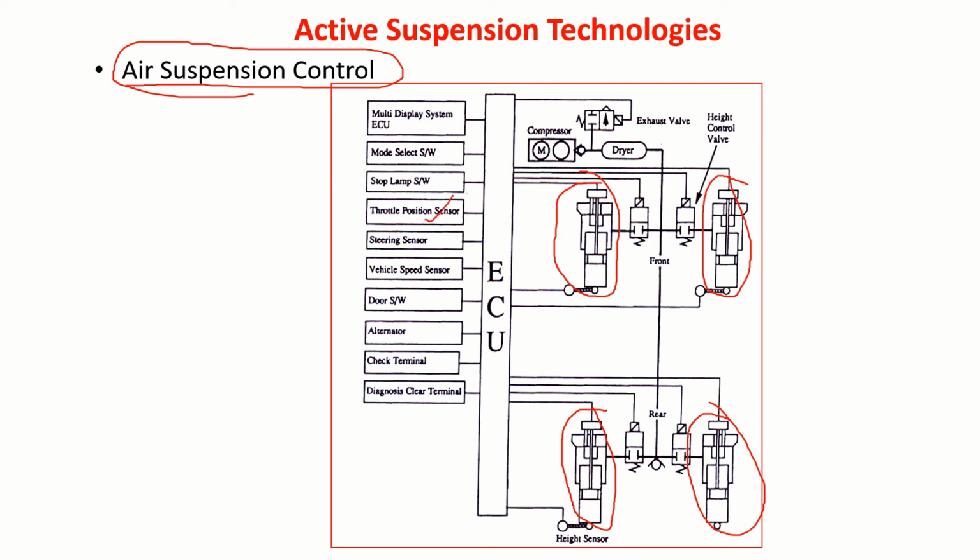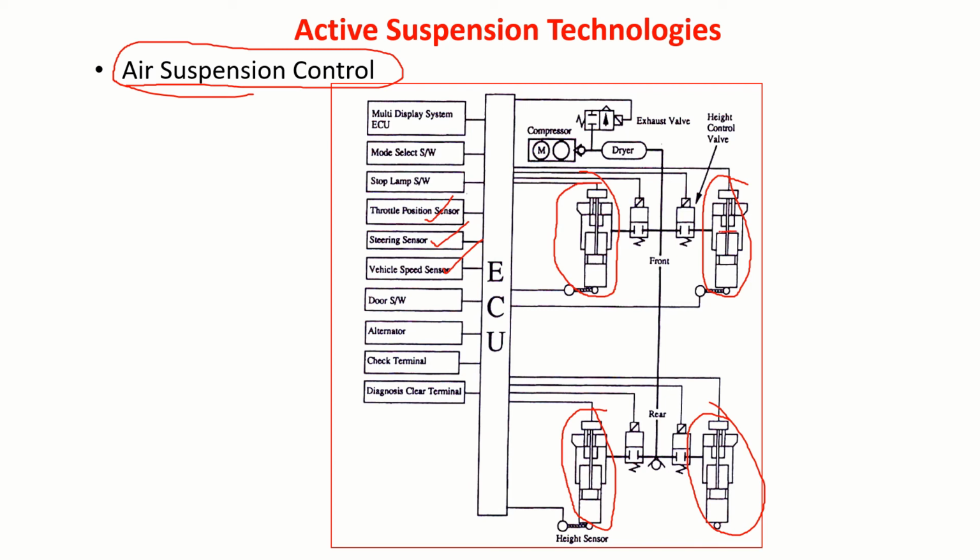You have a throttle position sensor to know if you are accelerating or decelerating, a steering sensor for direction, vehicle speed, and, as I've already mentioned, you can find out how far the obstacle is. Okay, so all these are there. This data is all given to the ECU. Based on that data, either it will supply air to this actuator or remove the air.